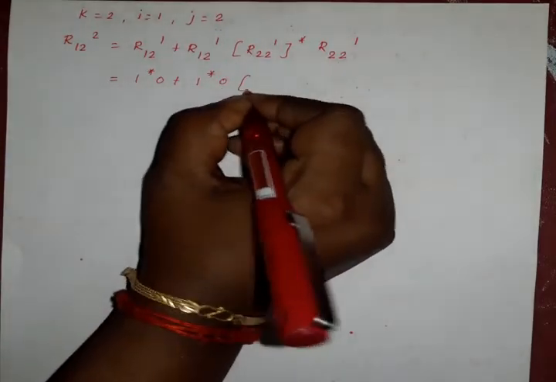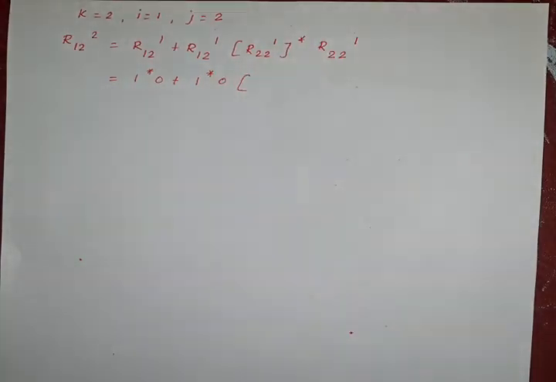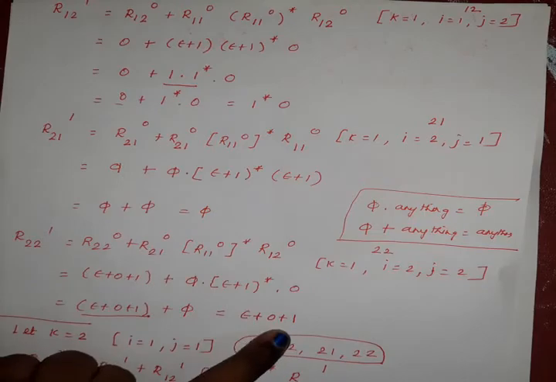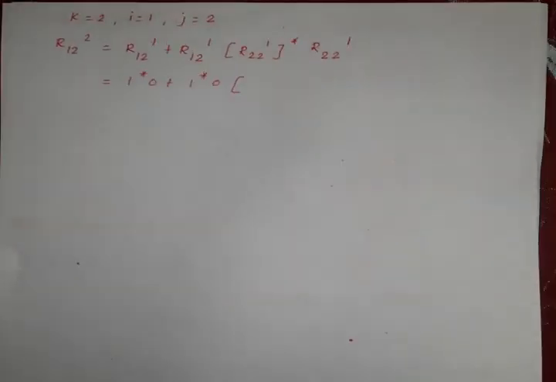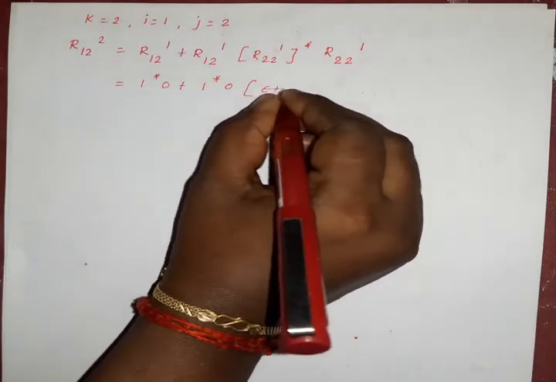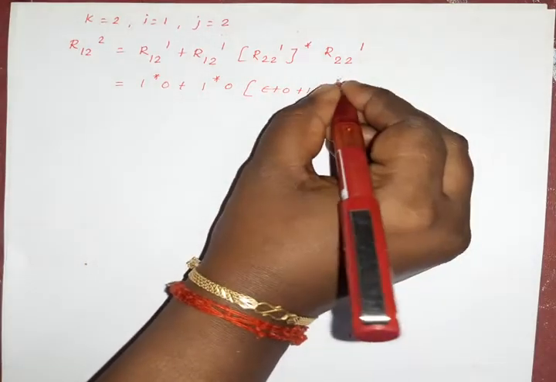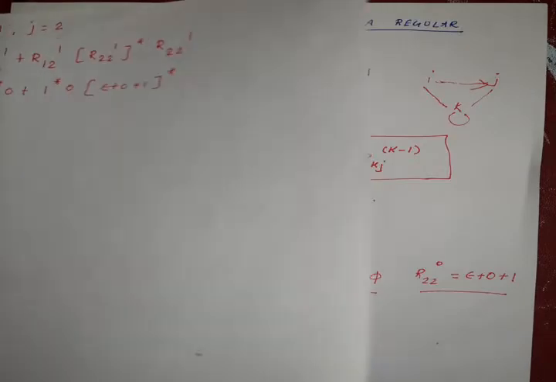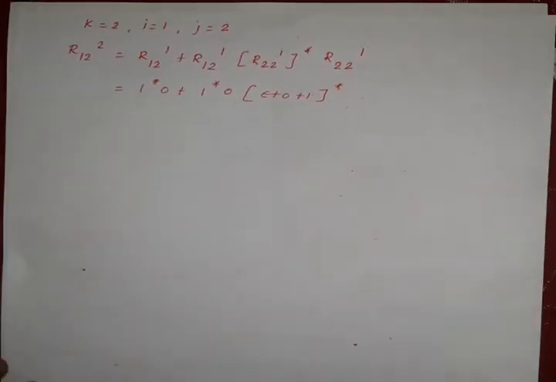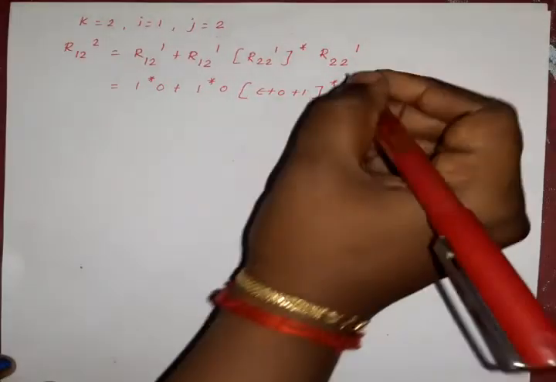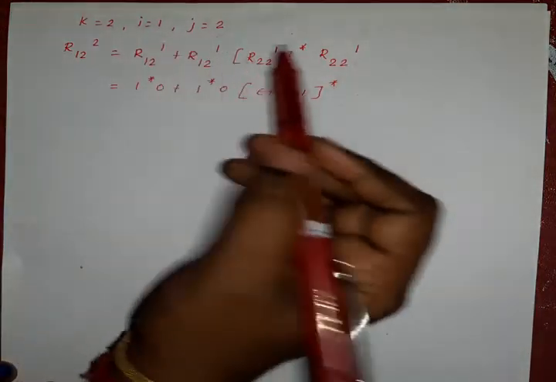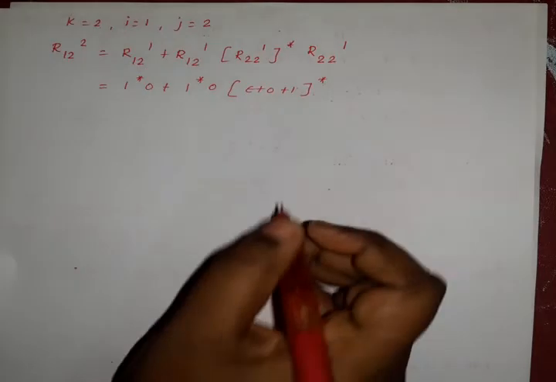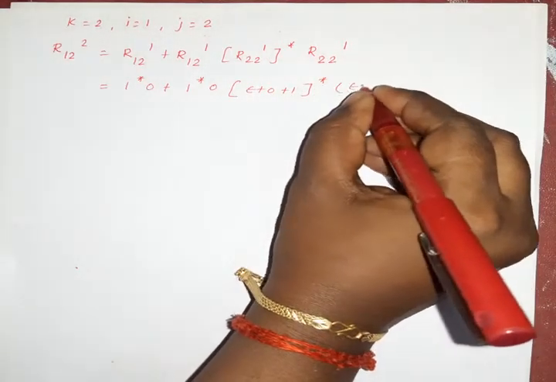This is R22 power 1 the whole star. The R22 power 1 value is epsilon plus 0 plus 1, so epsilon plus 0 plus 1 the whole star. Last one is R22 power 1, which is the same value, epsilon plus 0 plus 1.